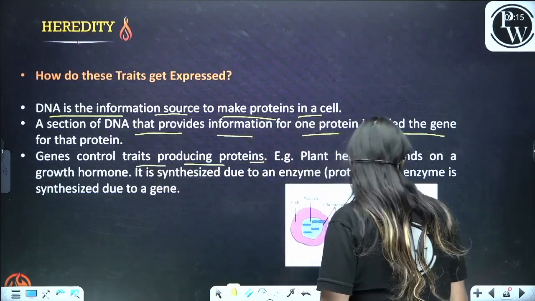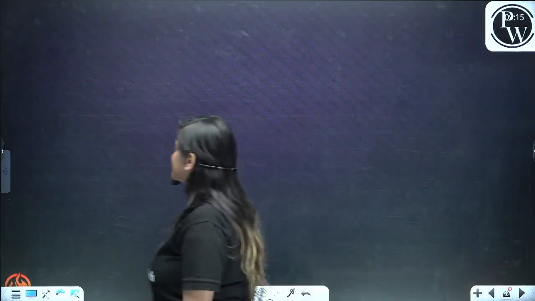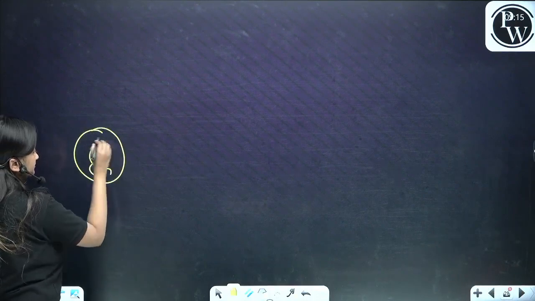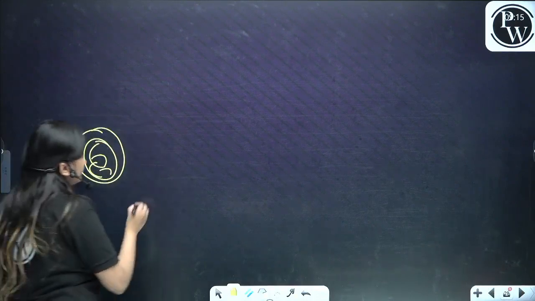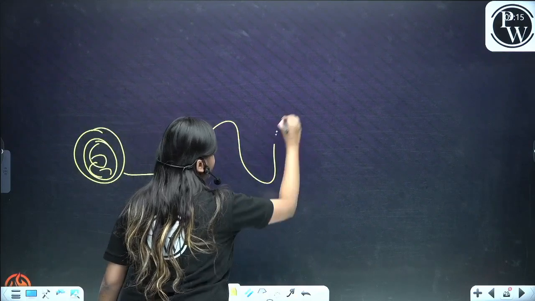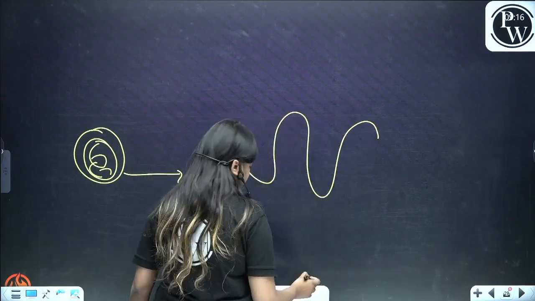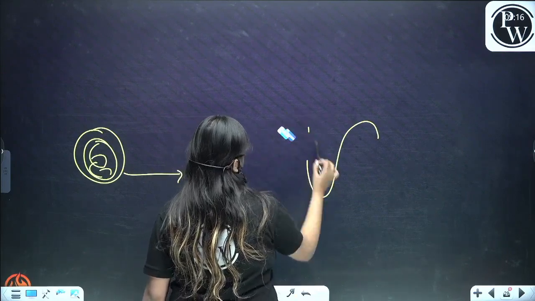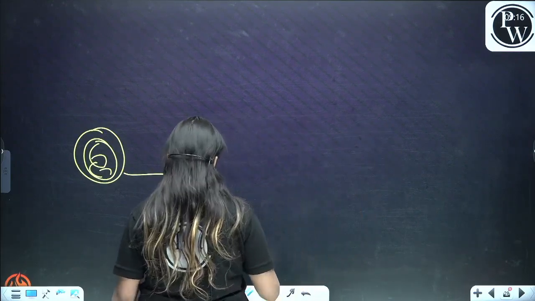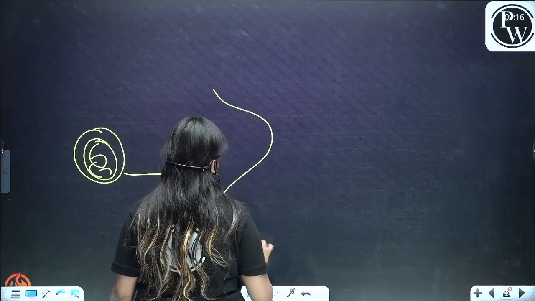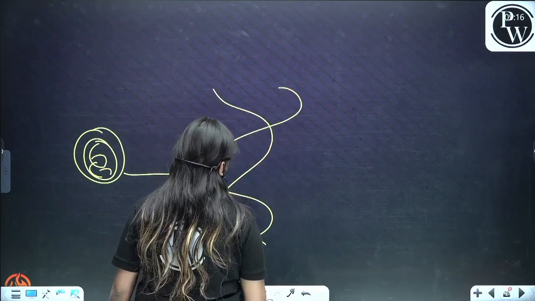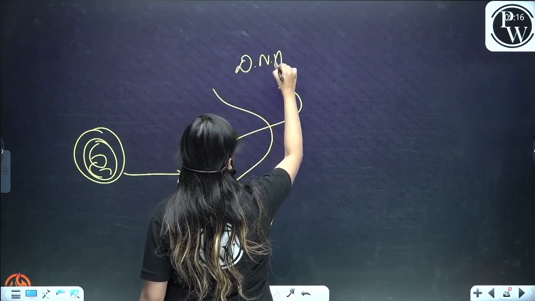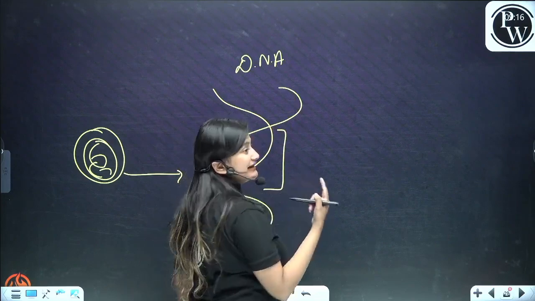Let me take an example. Suppose this is a cell. This cell has genetic information in the nucleus. Now this DNA, let's say about the height.